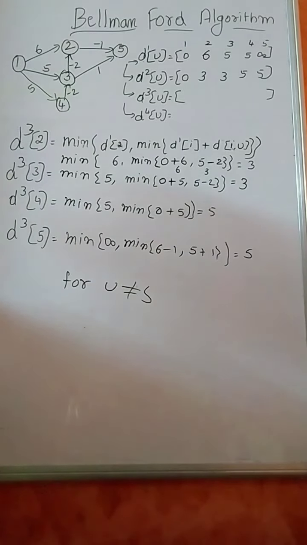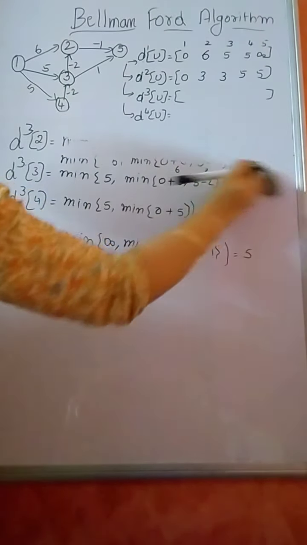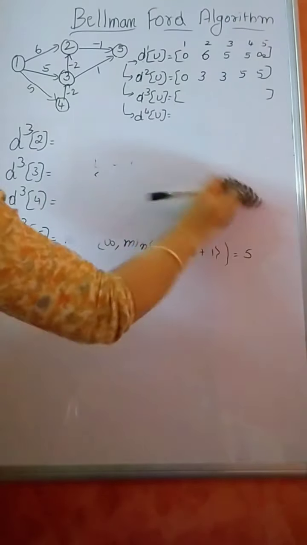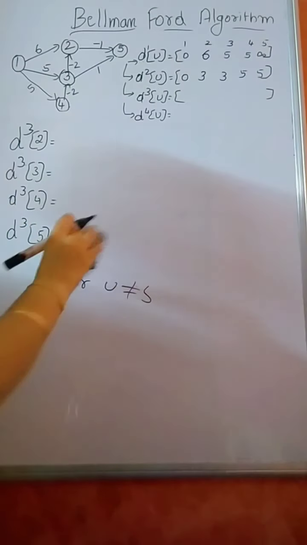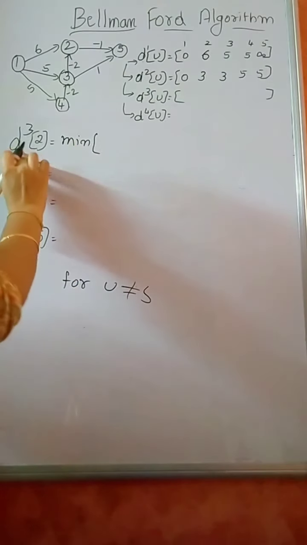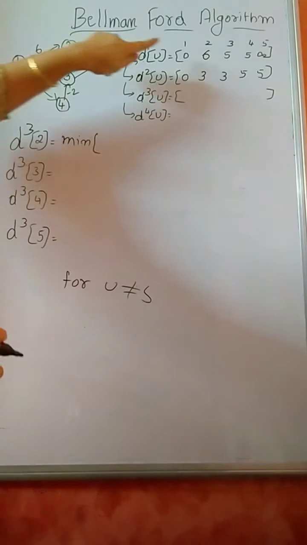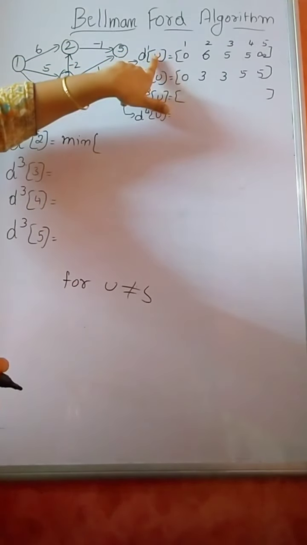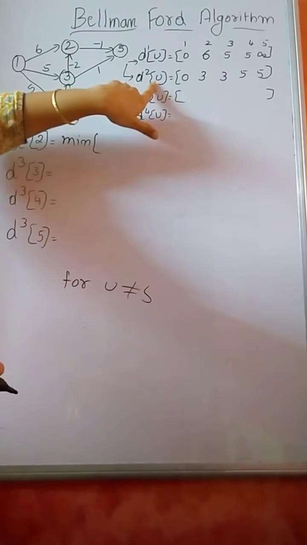Okay. So now I will compute for this. It is min of. Now what is the previous distance to 2? Don't consider this one now, because this I have already used for computing this.